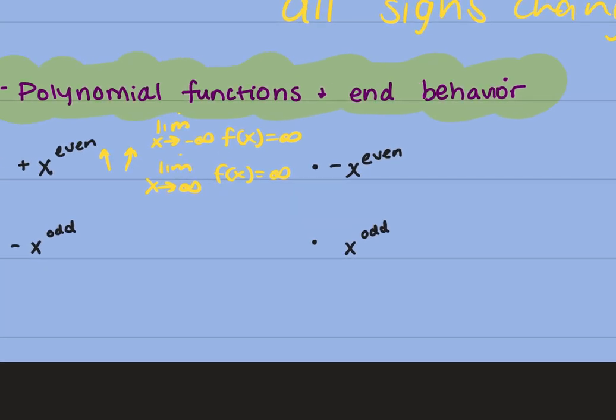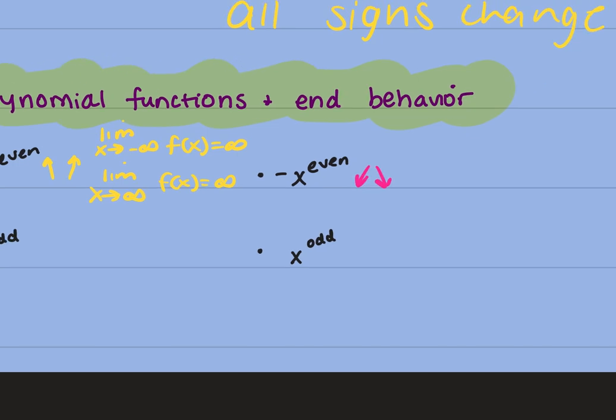If it's even and negative, they both point down, so both limits equal negative infinity.